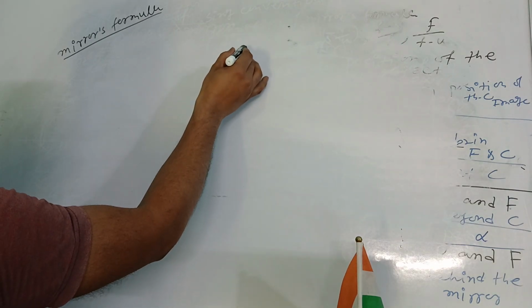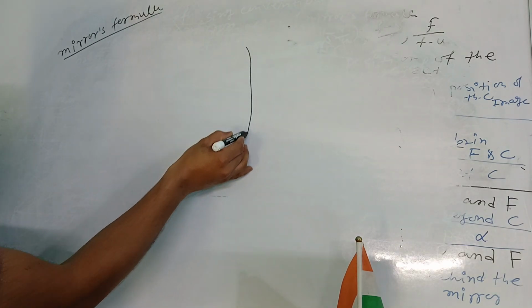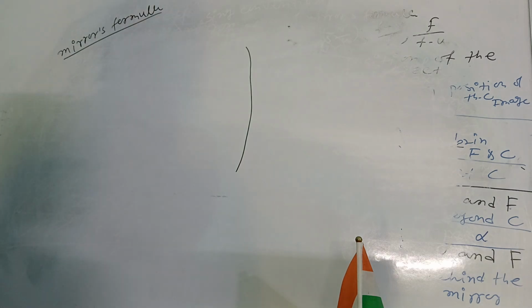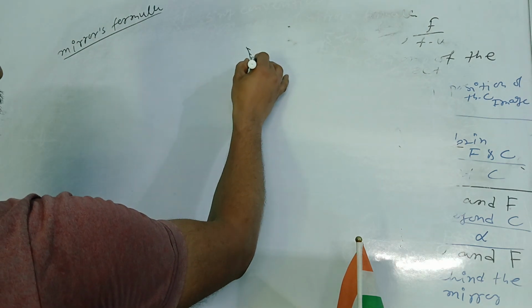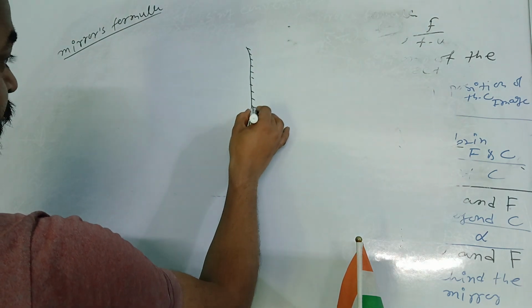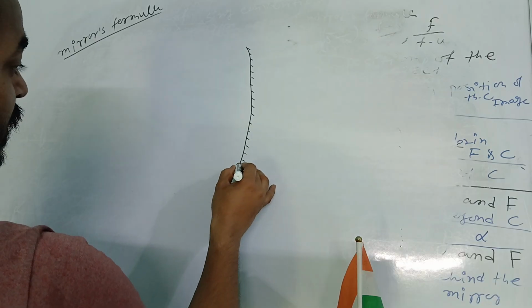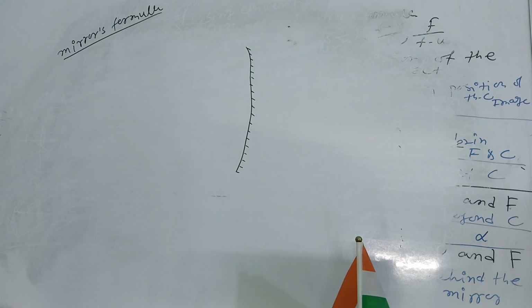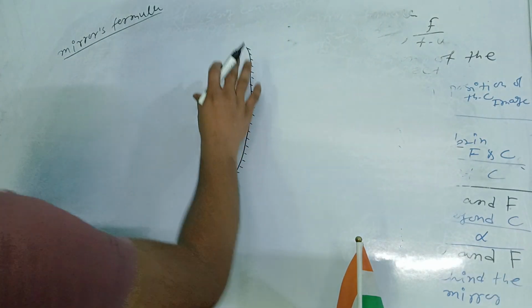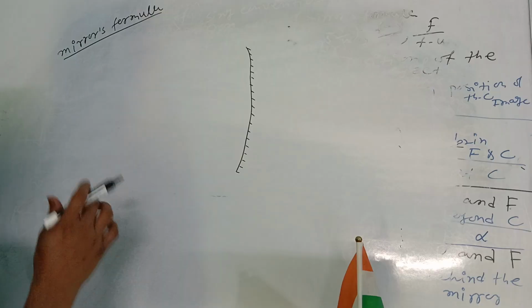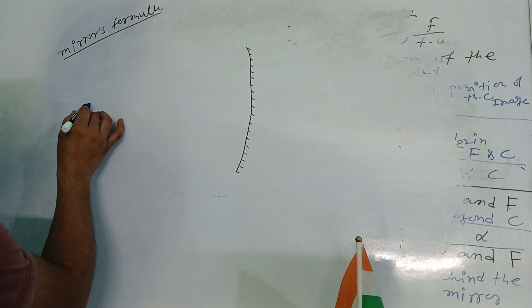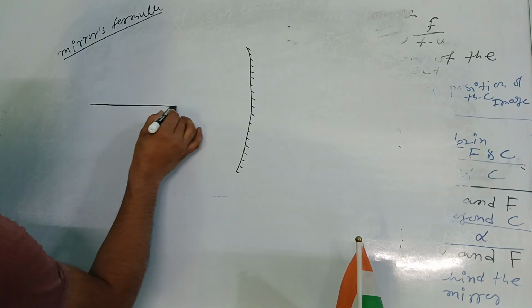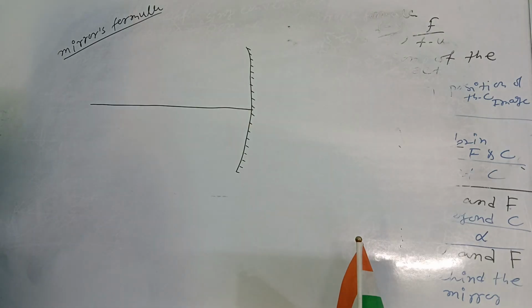First, let me place the mirror. So suppose this is the mirror. Clear? Next, this is the principal axis.